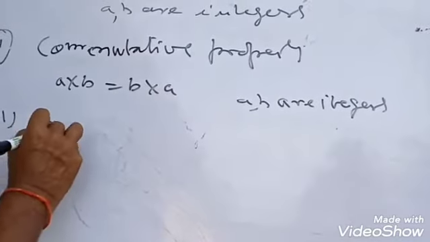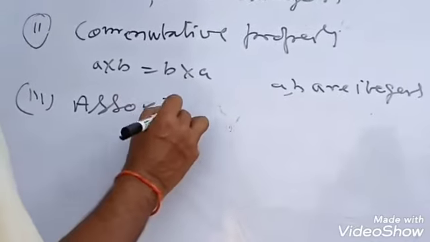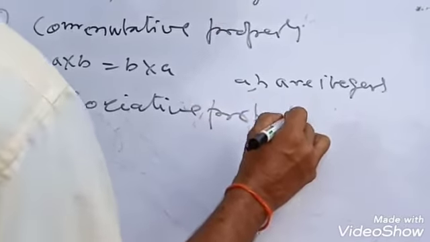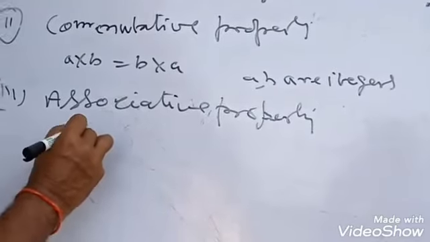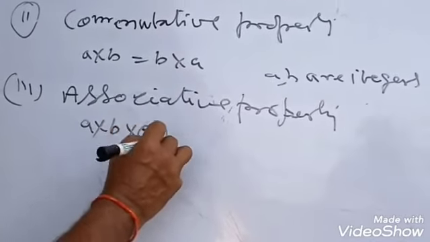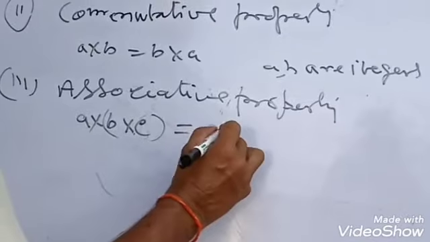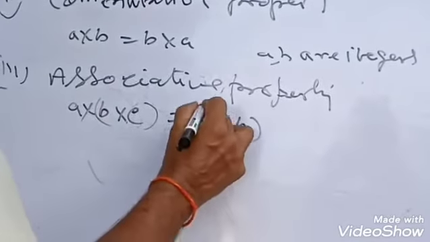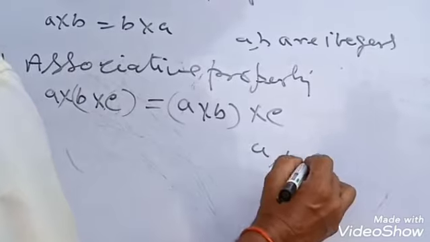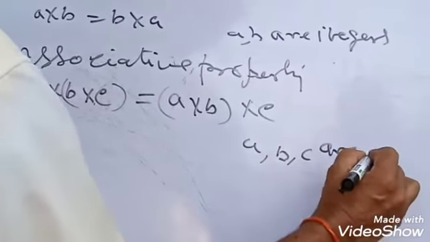Third is associative property. That is A into B into C is equal to A into B into C. A, B, C are integers.